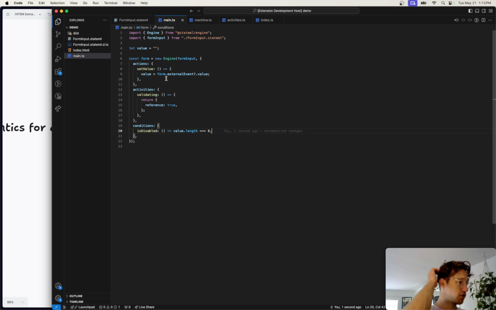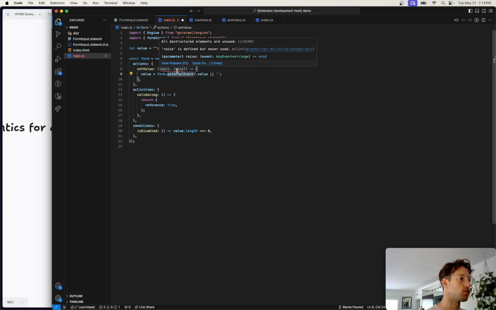Right. So now we've implemented our things, right? So let me show you how each of these works. Actions are given a specific channel to tell the state chart to emit certain events or to erase certain events, right? So they're given some methods to do that.